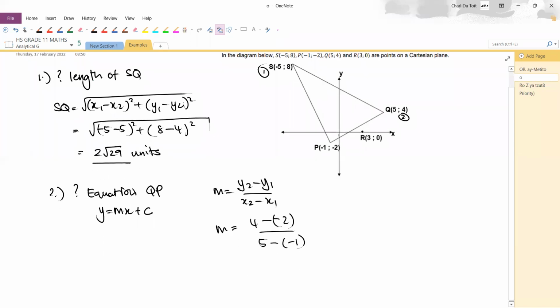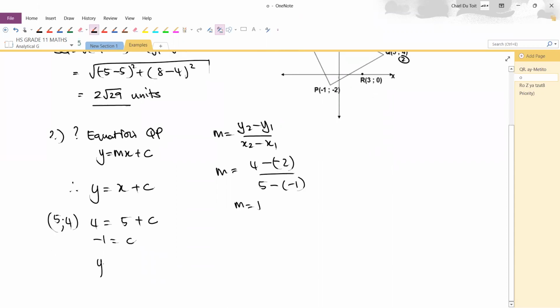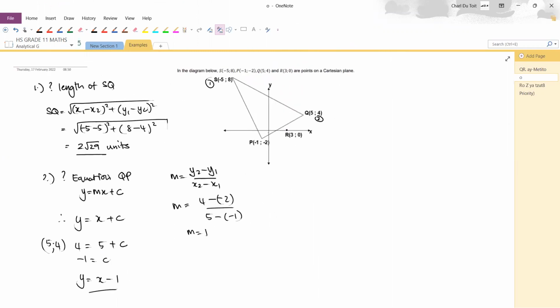Yeah, so the gradient is 1. Therefore, y equals 1x plus c. Now I need to put in one of the coordinates. Well, I'll put in Q. The Q coordinate is 5 and 4. 4 equals 5 plus c. Minus 1 is c. So the equation is y equals x minus 1. That's the equation of the line QP. Awesome.